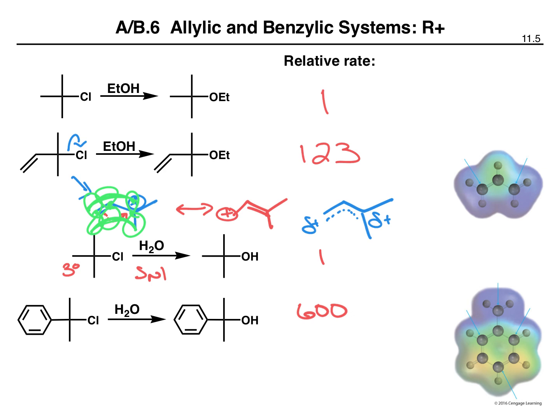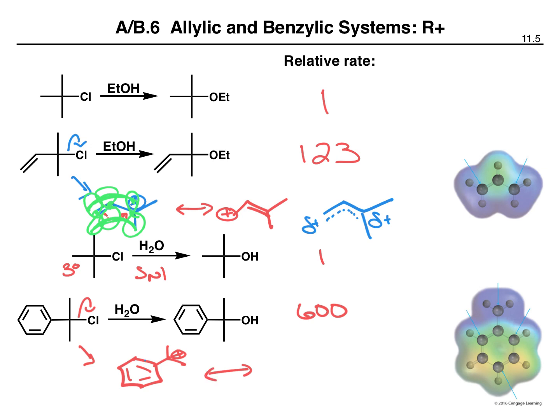Once again, what we see is that tertiary and benzylic, just like tertiary and allylic, there's something special about that. So let's think about the carbocation that can form. So when chlorine leaves, we get this intermediate, but we can draw another resonance structure.